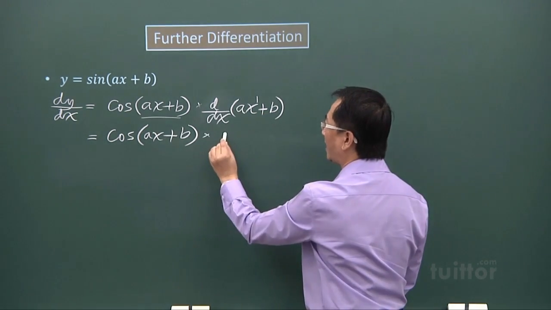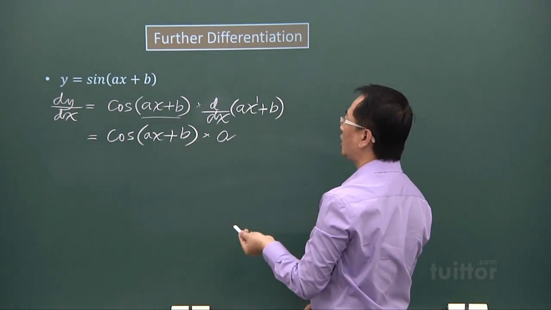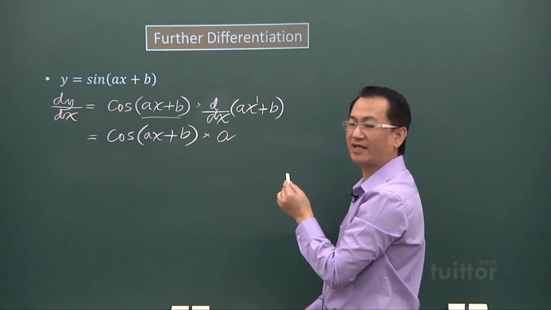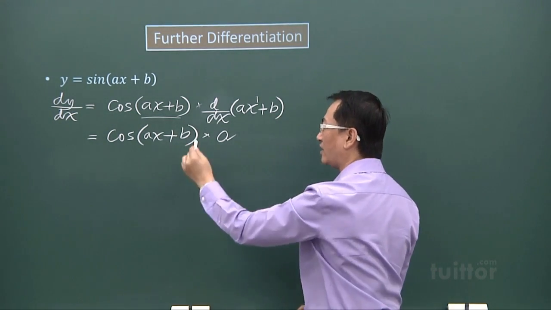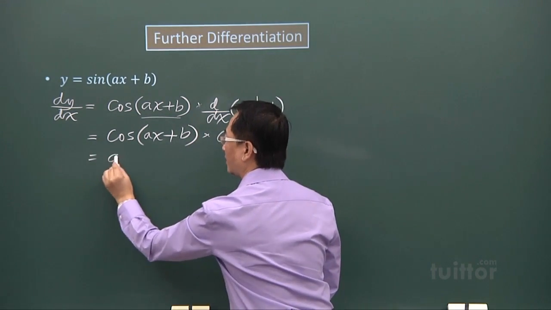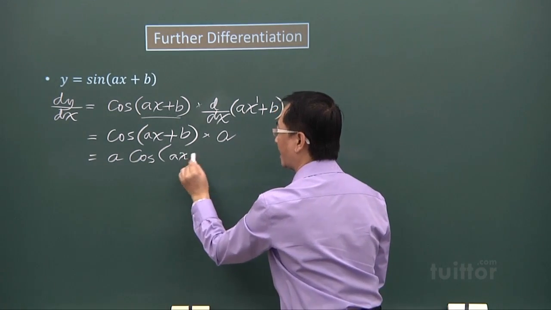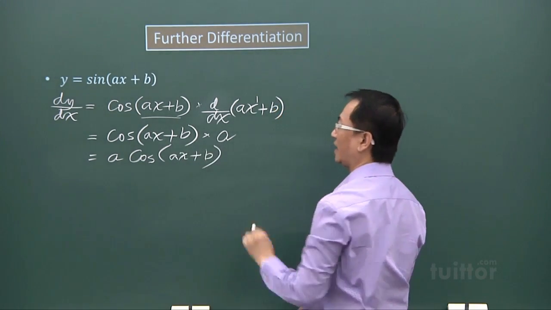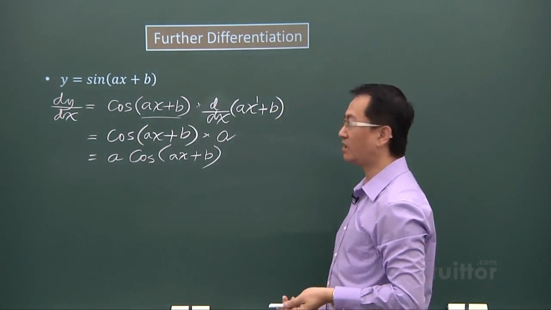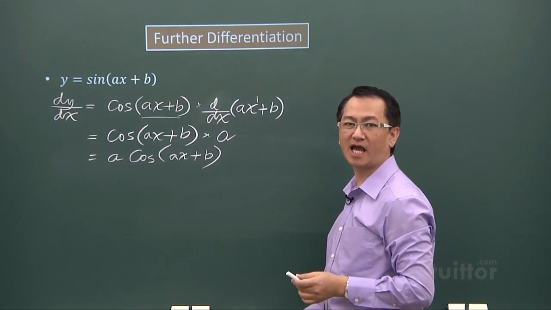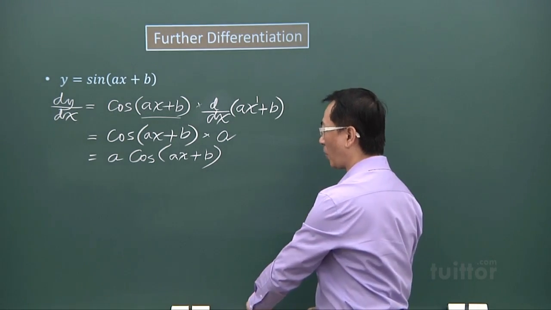So we actually get a. This is a constant. When you differentiate a constant, you get 0. So to rewrite this, you have a cos bracket ax plus b. So that will be the result of differentiating sine bracket ax plus b.